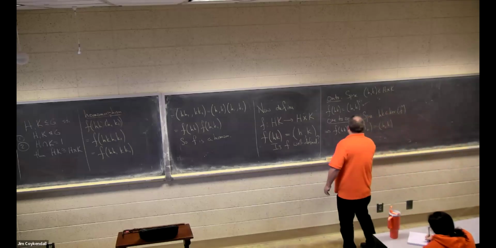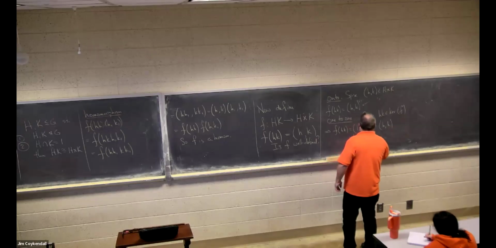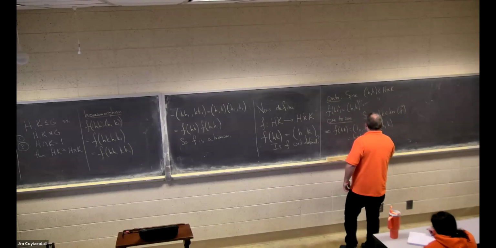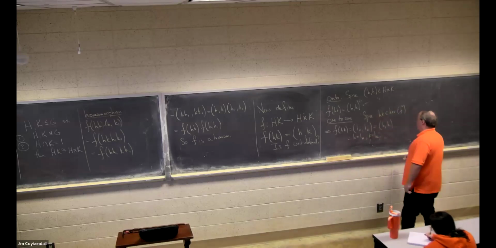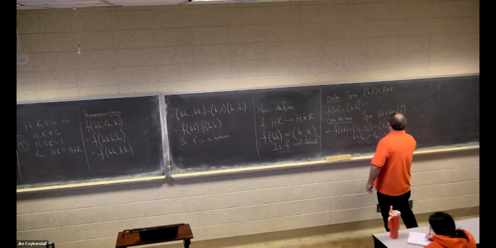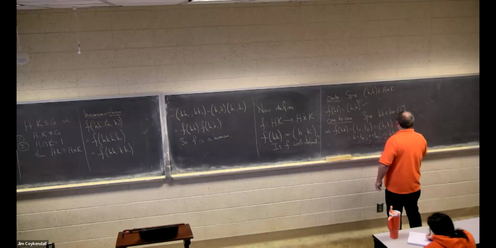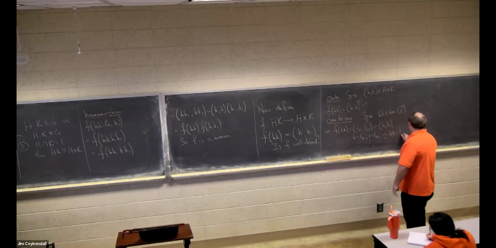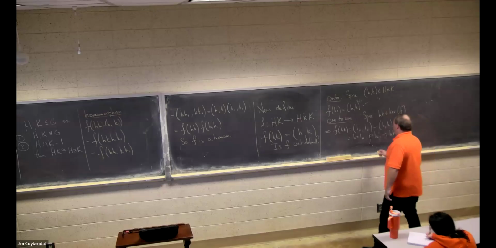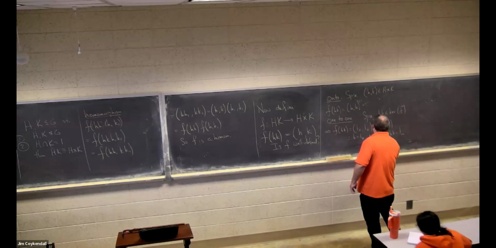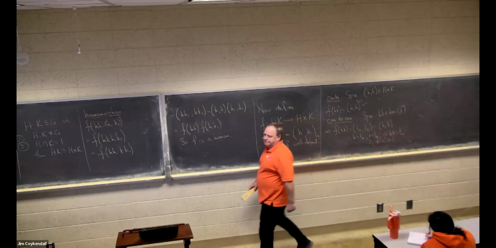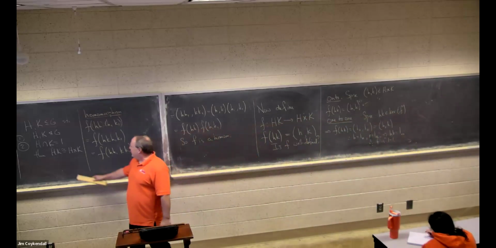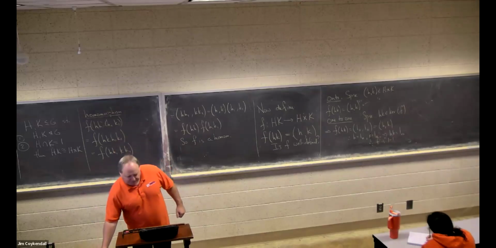Therefore h and k are both the identity, and this implies that hk is one in HK. Therefore f has trivial kernel. So that establishes that HK is isomorphic to this.